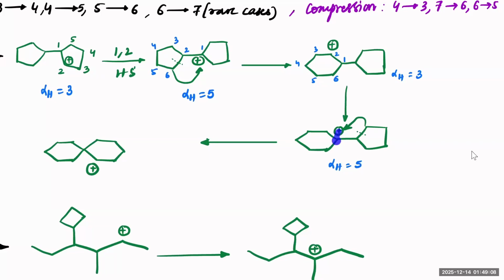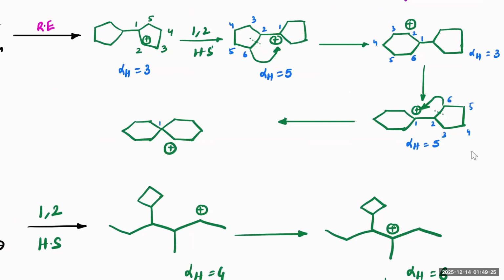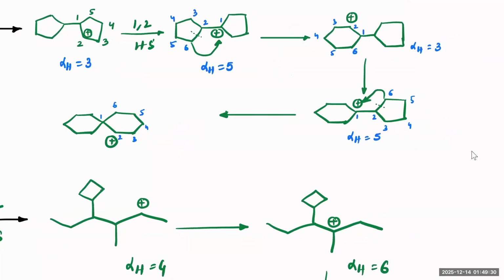When the positive charge comes at this position, again for the right hand side, the ring expansion is possible again. So this bond will break. From here, the attachment will take place. So you can see it is 1, 2, 3, 4, 5, 6. So here you will have 1, 2, 3, 4, 5, 6. So you can see ring expansion has taken place from here to here, and five-membered ring has converted into a six-membered ring.